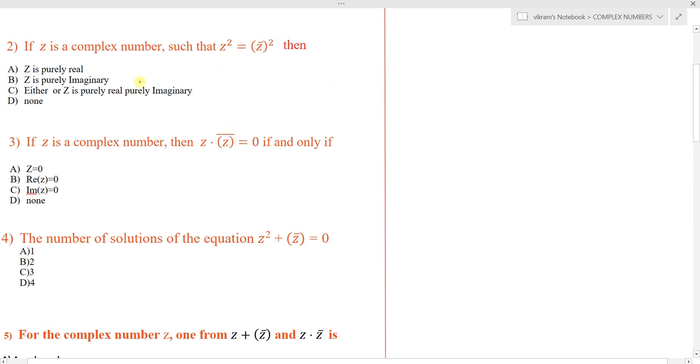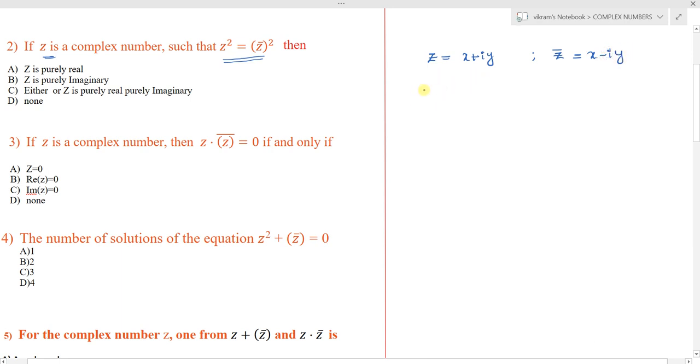Second question: if z is a complex number such that z square equals the conjugate of z square, then the complex number z is, he is asking. Solution: let's consider z equals x plus iy, and z conjugate equals, changing the sign of the imaginary part, x minus iy.